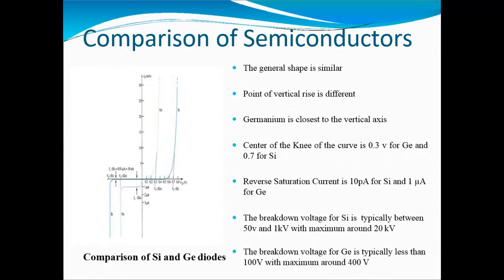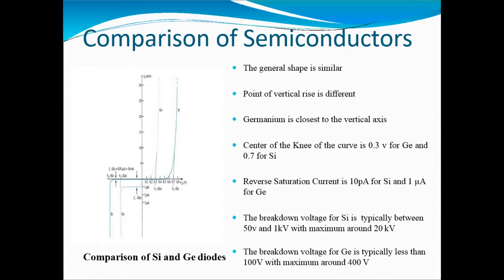In case of the germanium diode, the cut-in voltage is 0.3 volts. Up to 0.3 volts, the current is zero. Whenever the voltage reaches 0.3 volts, the current starts to flow.